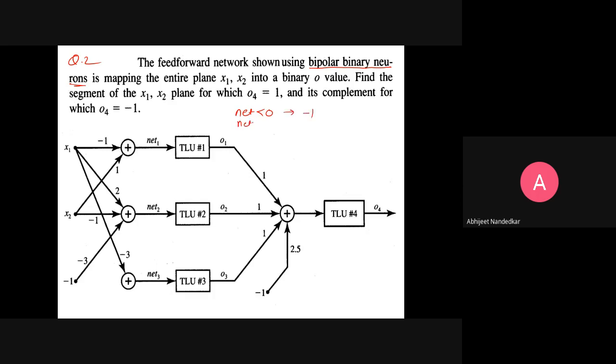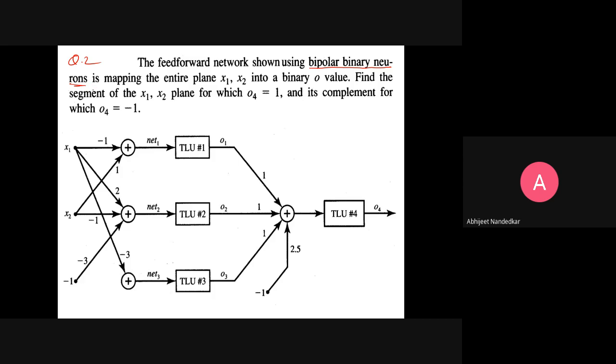If net is greater than 0, it will produce +1. Okay, so this is bipolar binary. I can add an equal sign if I require it, depending on my choice. Suppose this is with a greater than or equal to sign.